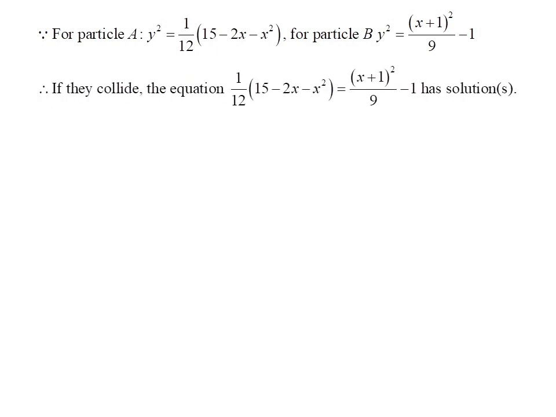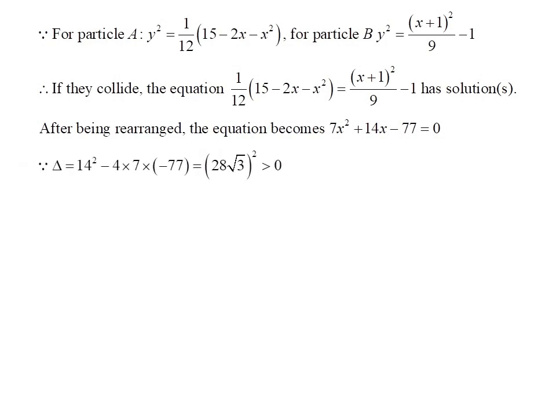If both particles collide, the equation (negative x squared minus 2x plus 15) all over 12 equals (x plus 1) squared over 9 minus 1 must have real solution. After being rearranged, it becomes a quadratic equation 7x squared plus 14x minus 77 equals 0. Since its discriminant is greater than 0, it has real solutions.